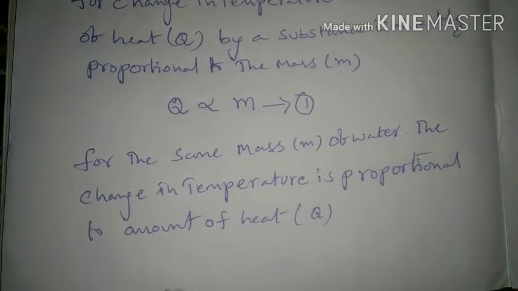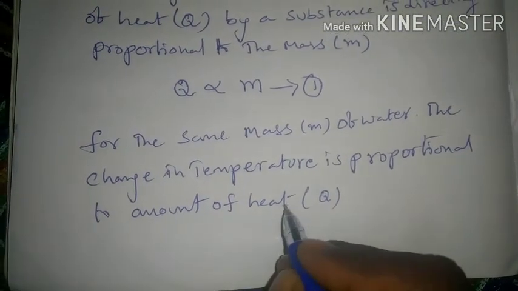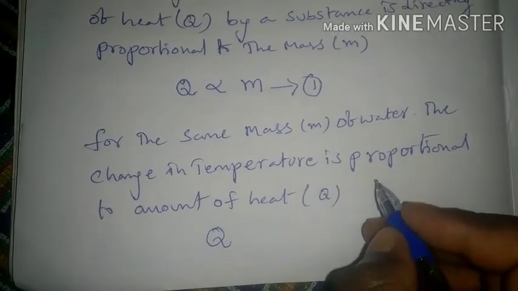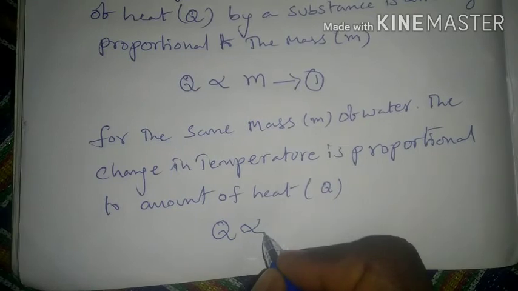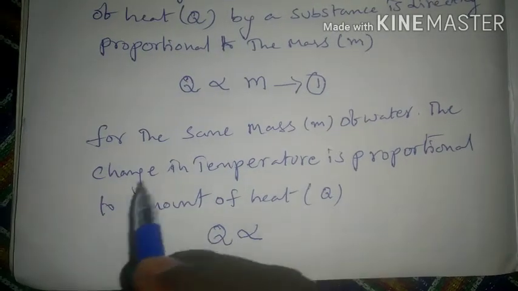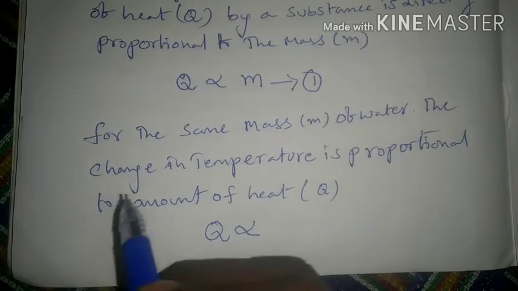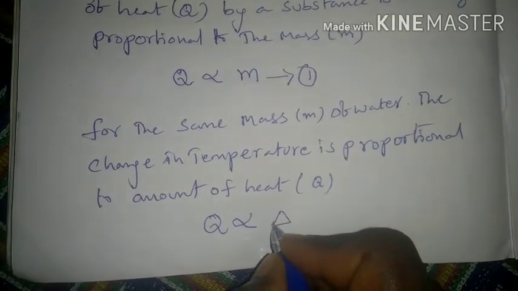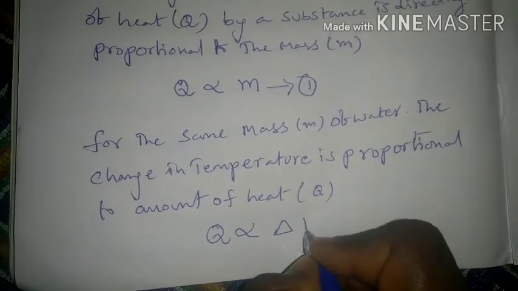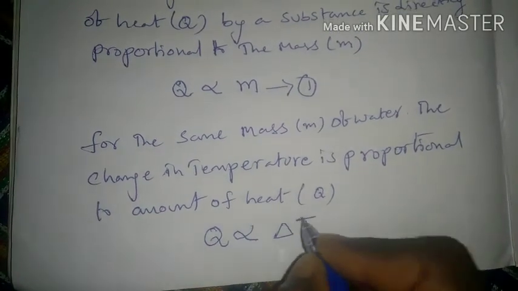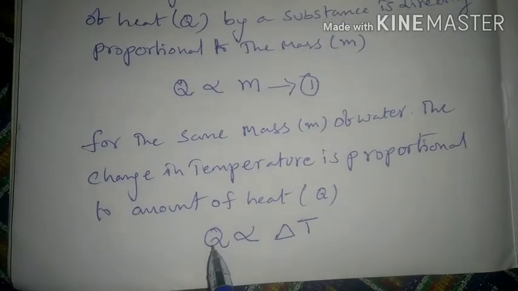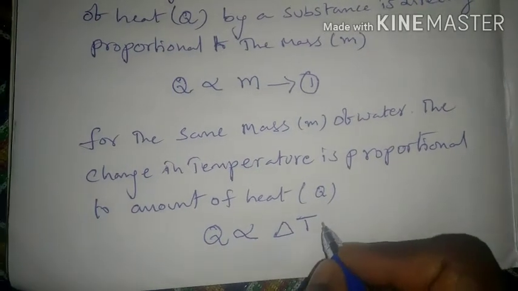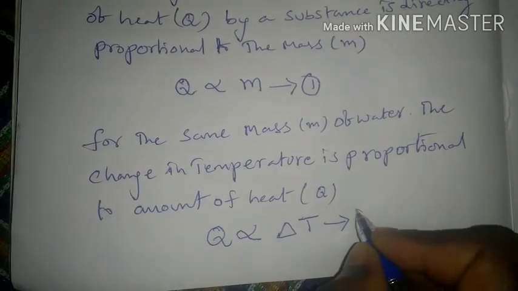Same mass: the amount of heat, capital Q, is proportional to the change in temperature, delta T. Capital Q is proportional to delta T. This is equation 2.